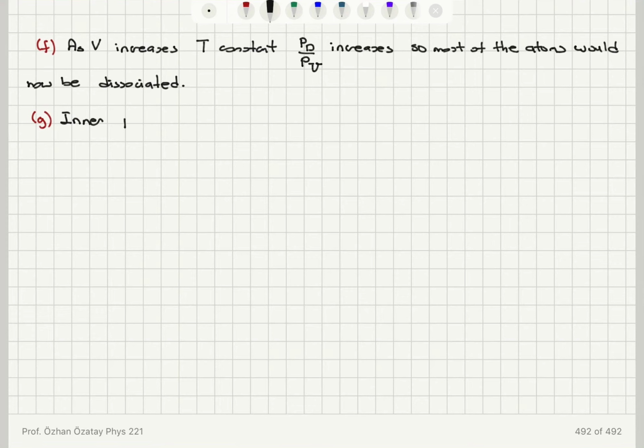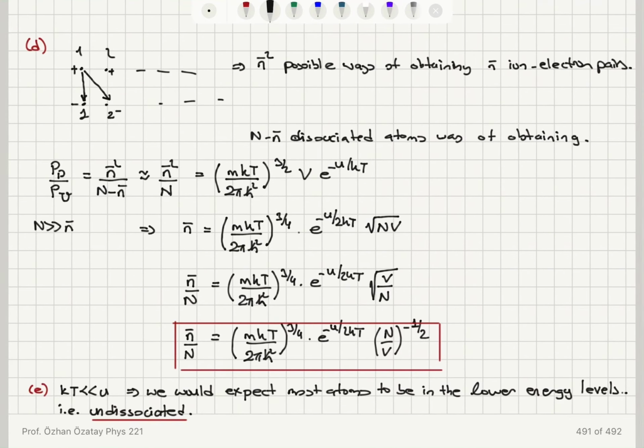So the inner part is dense. We have a V small, the volume is small. So an atom may be not ionized.